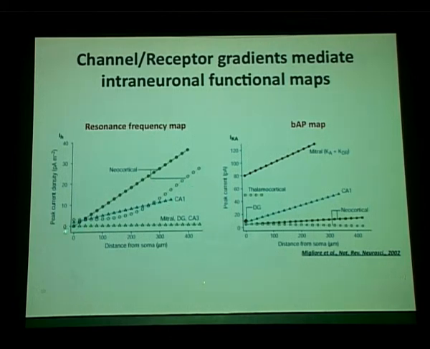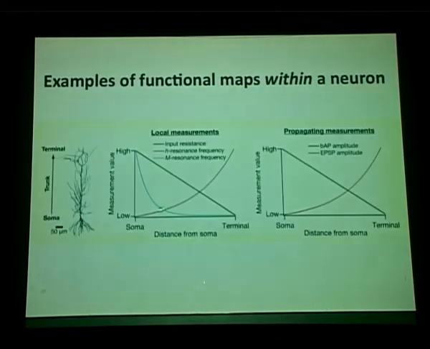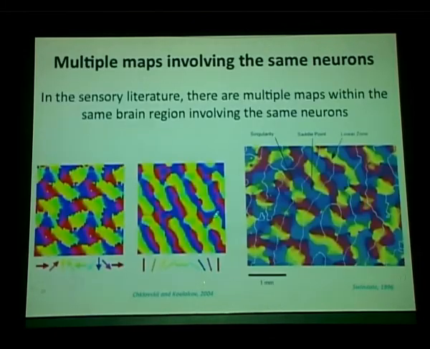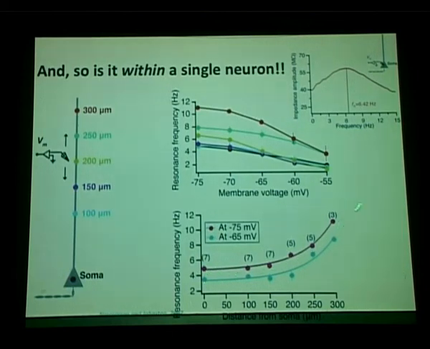Right? So there are distinct gradients of different ion channels that are expressed within the dendrites of these neurons. So for instance, if you look at the CA1 pyramidal cell, you see that there is an increase in the H-channel density, even though it is shown to be linear over here. We believe that it is not going to be linear because you saw in the previous case that this is more like exponential, right?